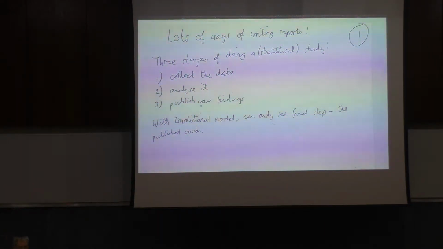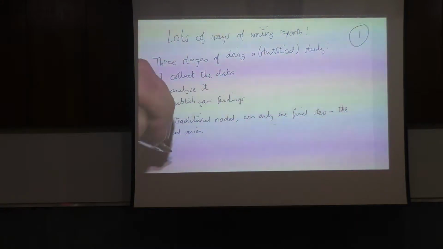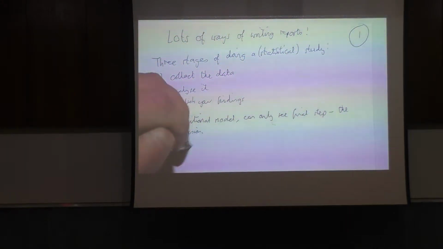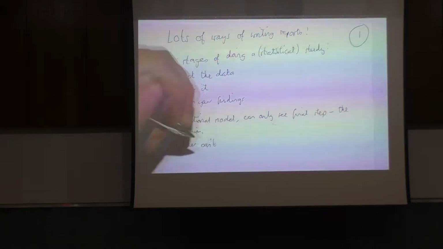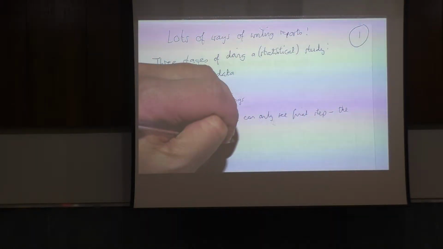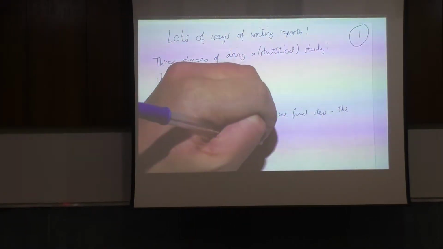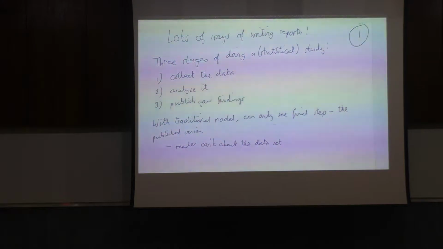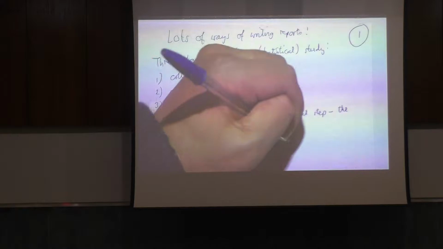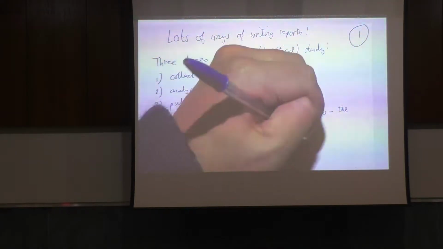And I think this has caused some problems in the various areas of social science and so on, because any reader can't actually check what's been written. The reader can't check anything really, because they don't have access to the data set, and also all the analysis.